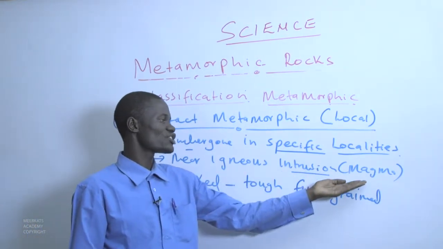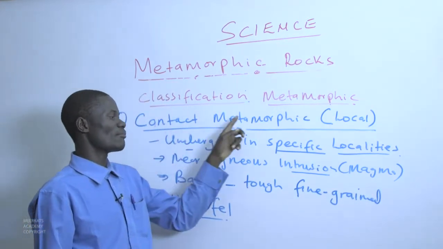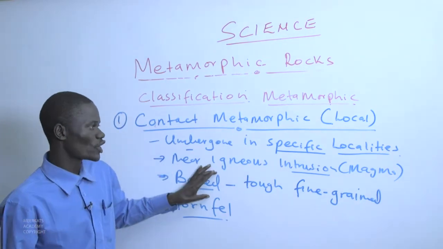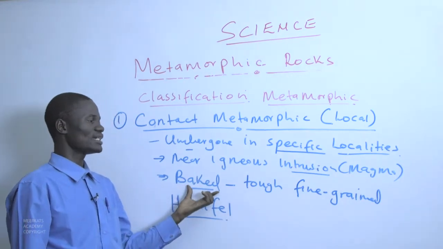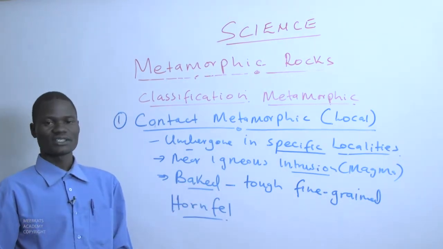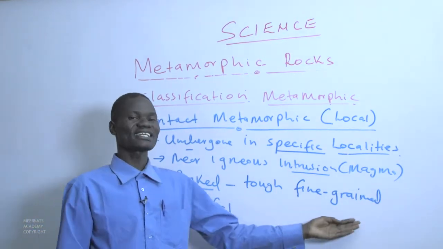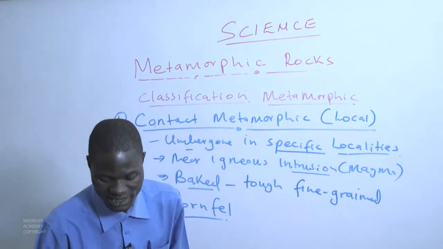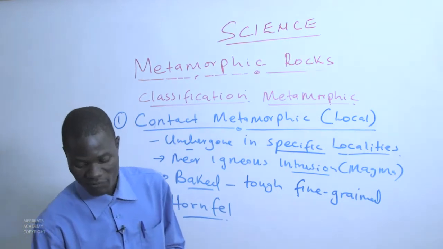When magma is superheated in the process of contact metamorphism, the nearby local rocks are baked, and when they are baked, they change their characteristics and produce a tough, fine-grained rock known as hornfels, the best example of the contact metamorphic rock.